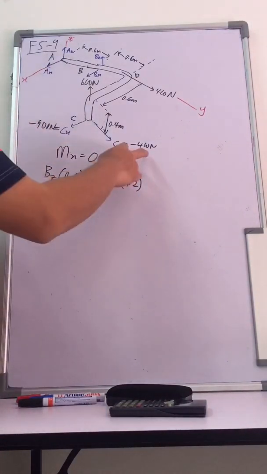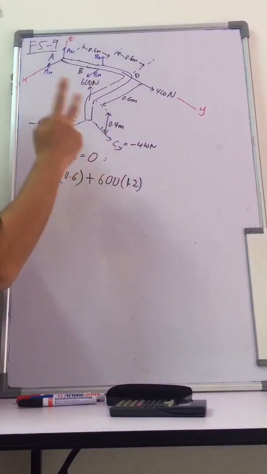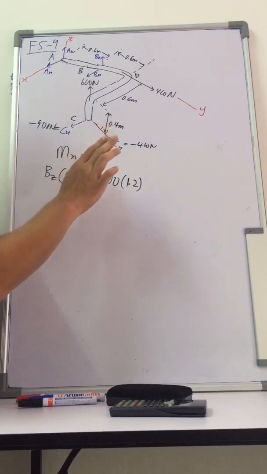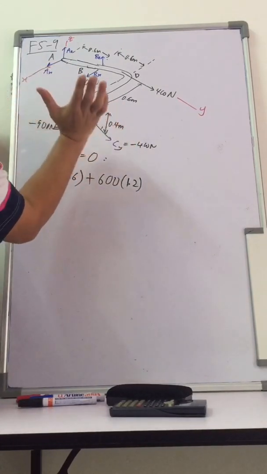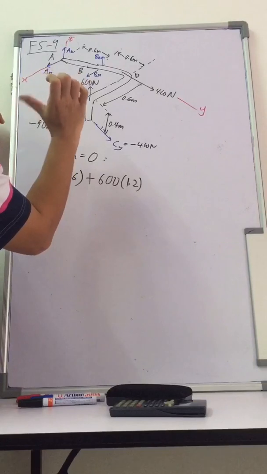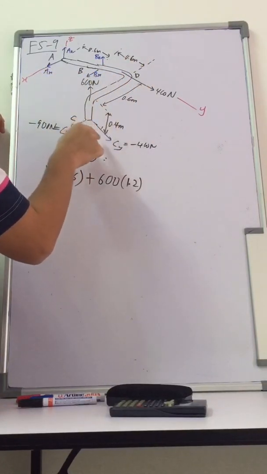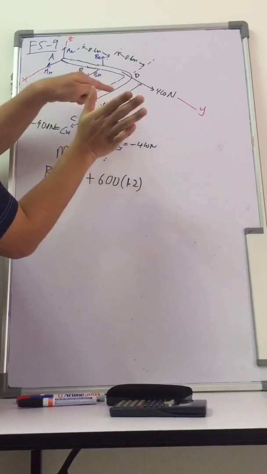So the last one is Cy. This Cy will have two moments. One is the moment about what? About this, with this arm, which means that it will go in X. Another one is MZ.